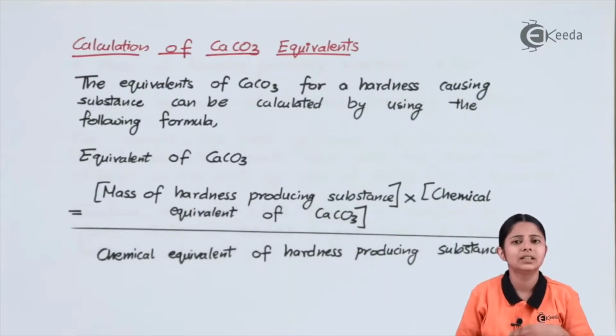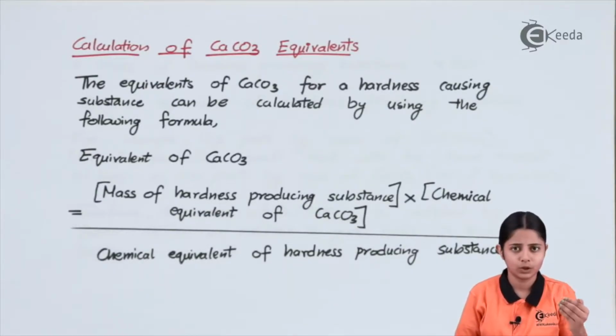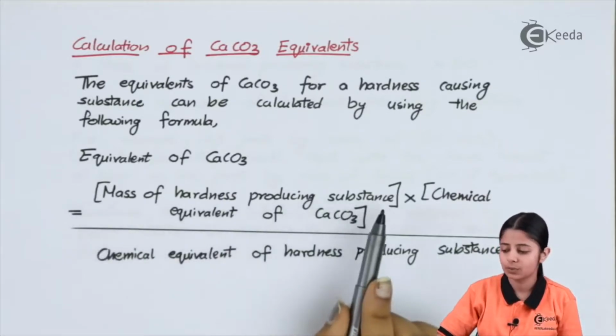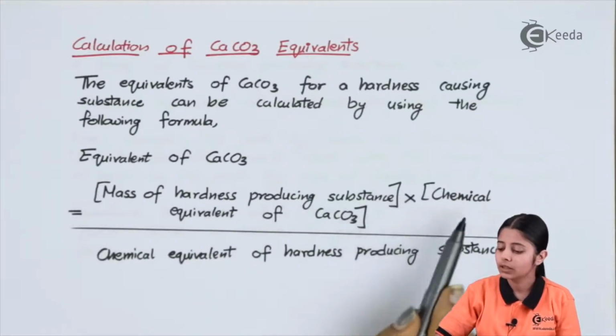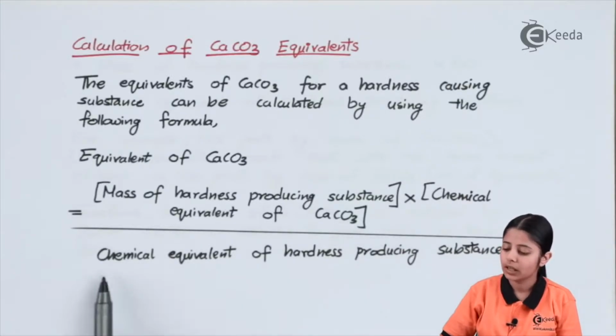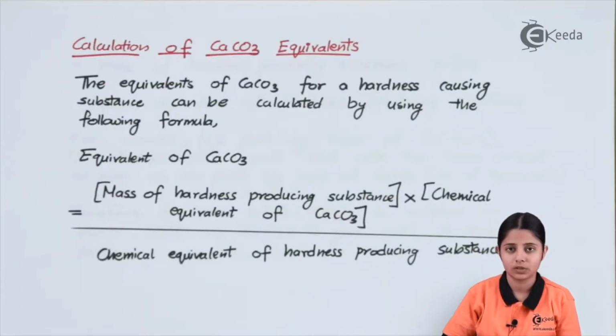It can be either carbonate or bicarbonate of calcium and magnesium. It can be either a chloride or a sulfate of calcium, magnesium, even at times aluminium or iron. Whatever it is, I have to take the mass of it. So it will be mass of the hardness producing substance into the chemical equivalent of CaCO3 upon the chemical equivalent of the hardness producing substance.